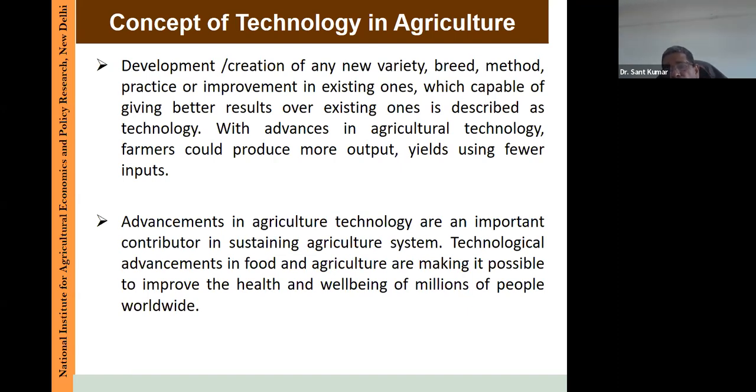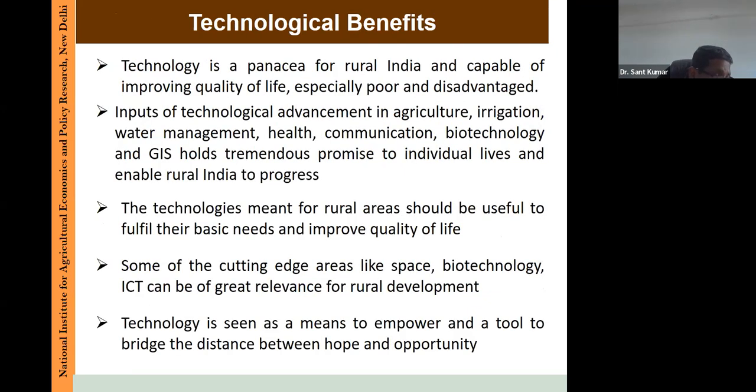With this, we are improving the health and well-being of millions of people. So if you see the benefits, the technology is called a panacea for rural India, capable of improving the quality of life, especially of the poor and disadvantaged groups.